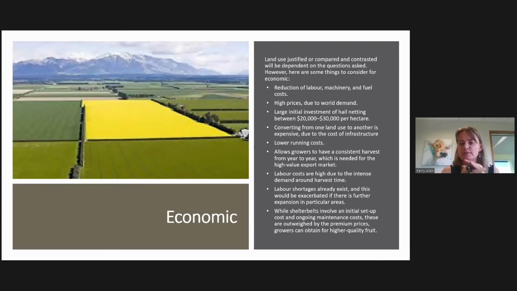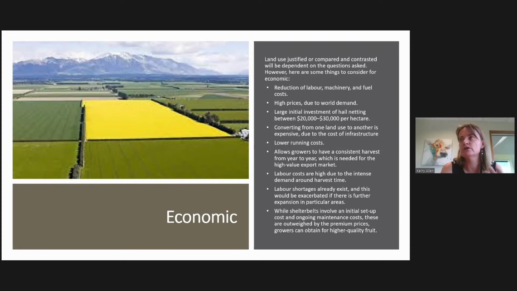So I pulled a slide from the physical factors, and it doesn't look like I've changed it. But we need to be able to evaluate by justifying or comparing and contrasting or stating which factor is the most important on the impact of land use, depending on the scenario. So I've given just some scenarios for each and some things that you could consider.